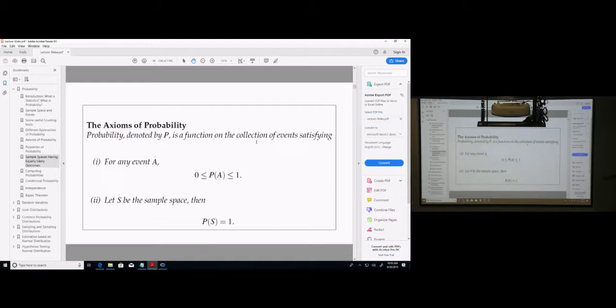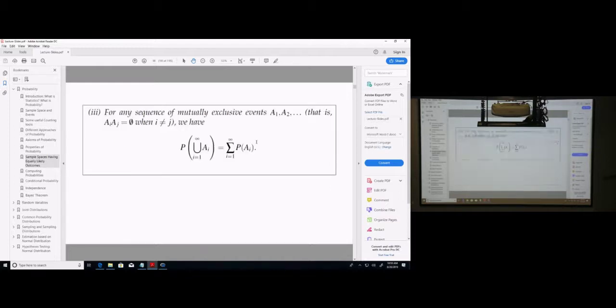Now the key assumption is the following. For any sequence of mutually exclusive events A1, A2, and so on, the mathematical notation means A_i intersect A_j is empty as long as i and j are different. If you pick any events in the sequence, any pair of events will have no common outcomes.